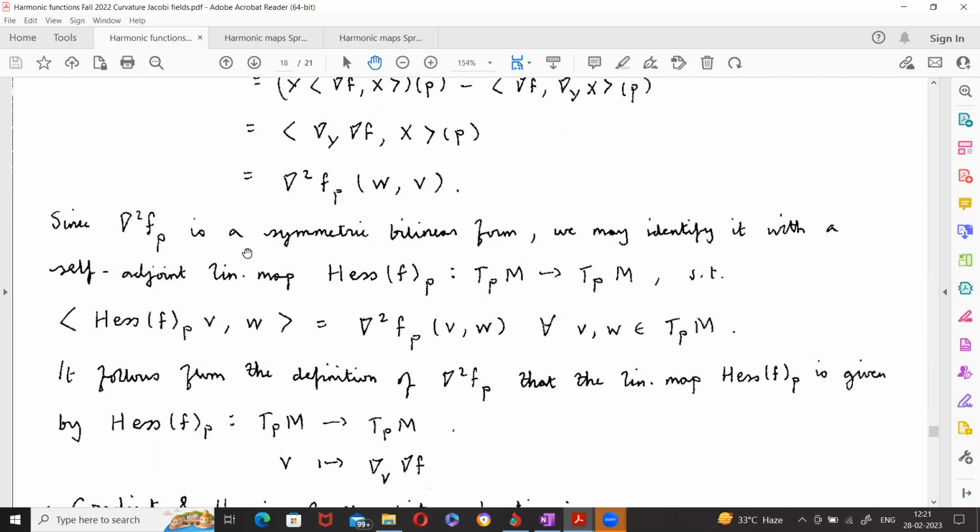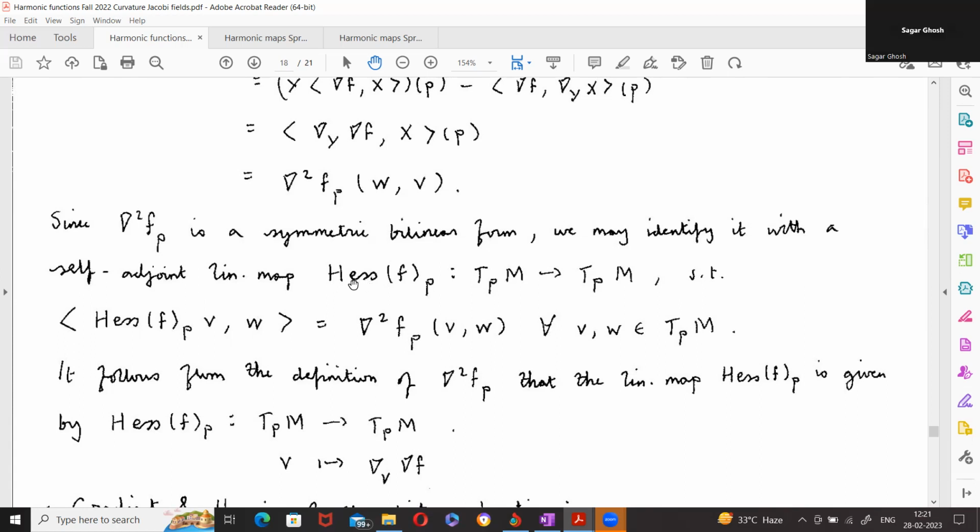since the Hessian is a symmetric bilinear form on an inner product space, we can identify it with a self-adjoint linear map, right? So that self-adjoint linear map we'll also call the Hessian.